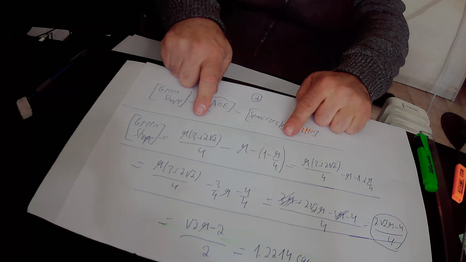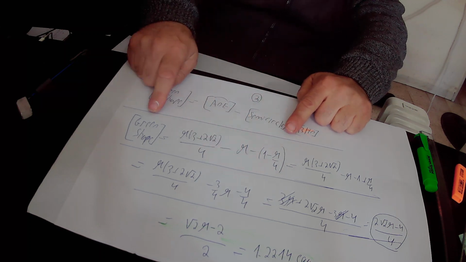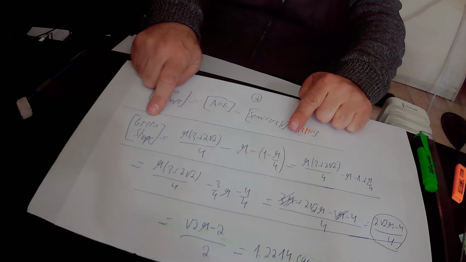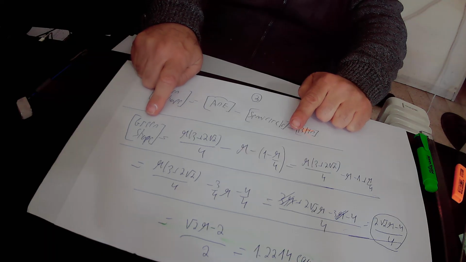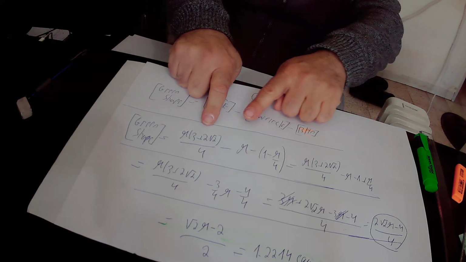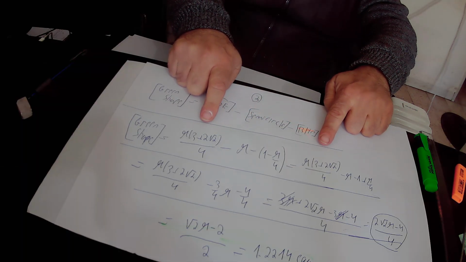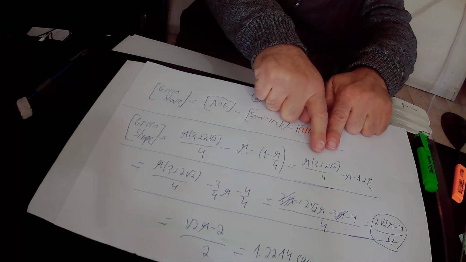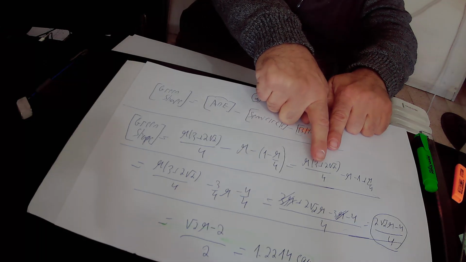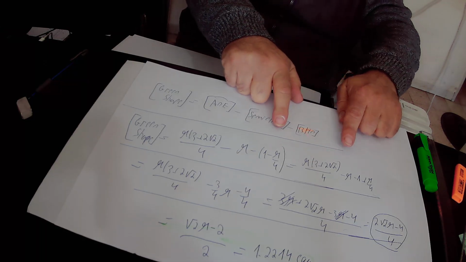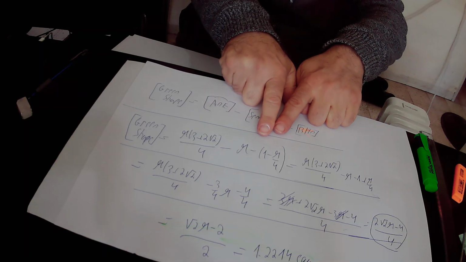So in total, this expression is the value of the green shape. It is the size of the green shape. So what is the value of this expression? Here we have pi times (3 plus 2 times square root of 2) over 4 minus pi. We open the brackets here.